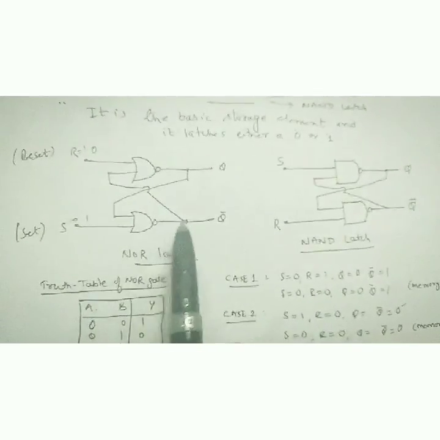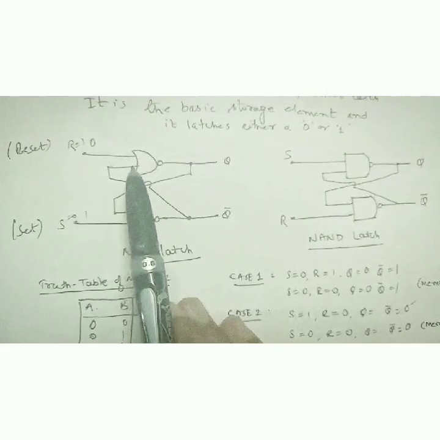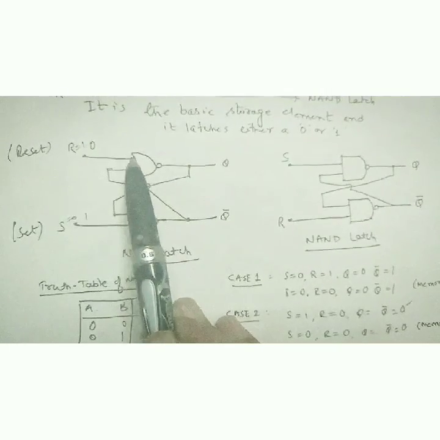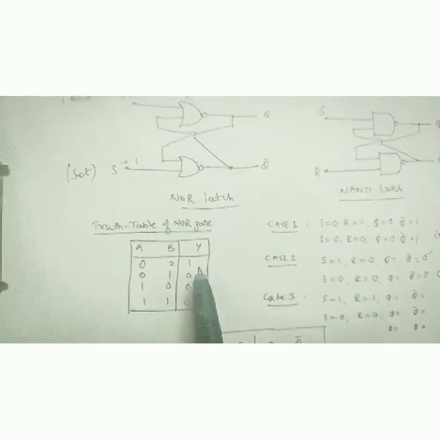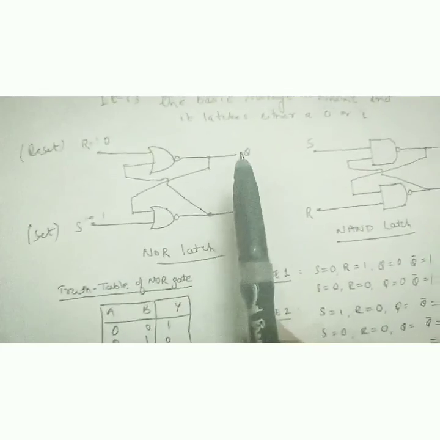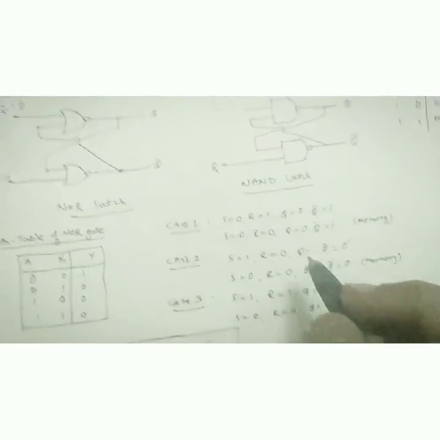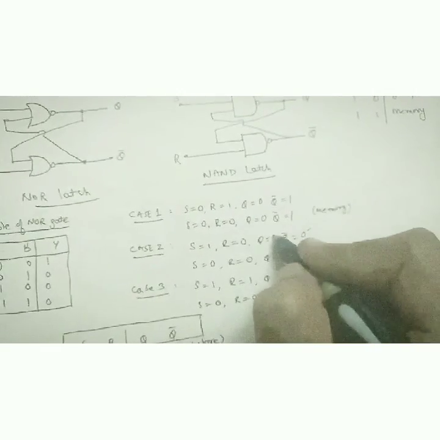Now this is 0 and this is also 0. When both are 0, in that case we get output as 1. So the Q output we are getting is 1. So I am writing here Q as 1.